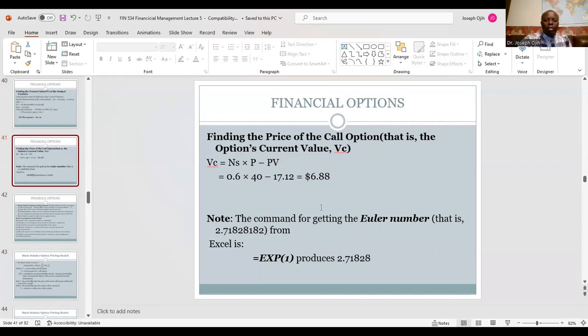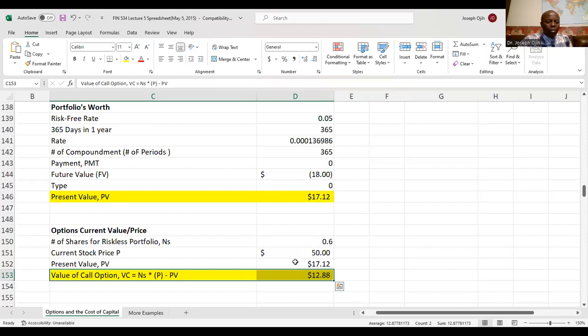Okay, I think I made a mistake here. Let me see the mistake I made on that one. Number of shares is 0.6, current stock price is this, present value. NS times P, where P is the current stock price, minus present value.